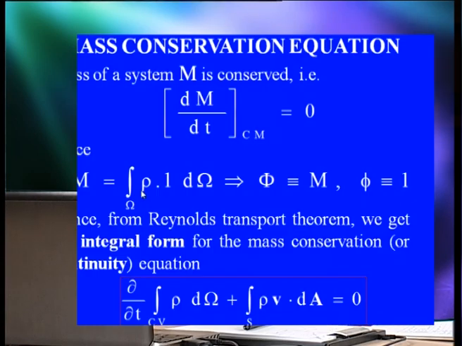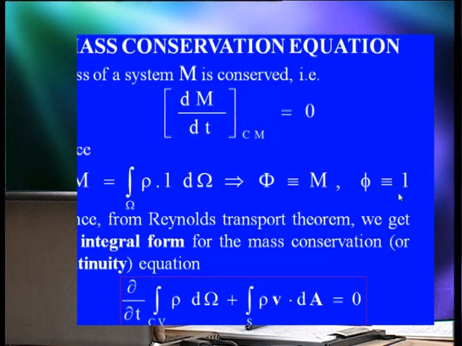So, M is defined as the volume integral of rho into 1 d omega. Now, if we compare this definition of mass with the intrinsic and extrinsic properties which we had introduced earlier in the definition of the Reynolds transport theorem, we can clearly see that capital phi is the same as capital M, and small phi is equal to 1.